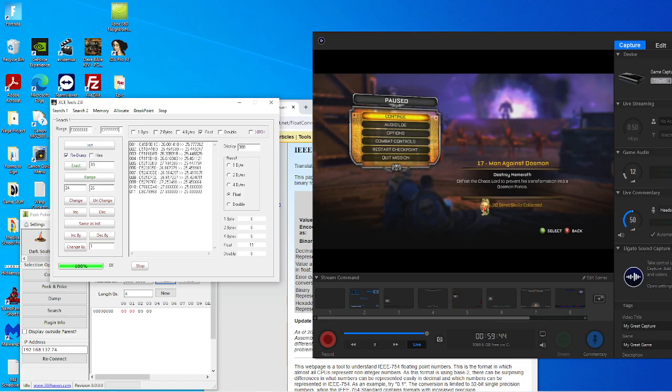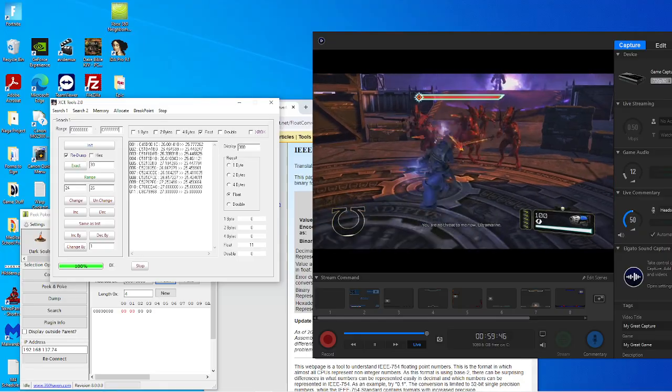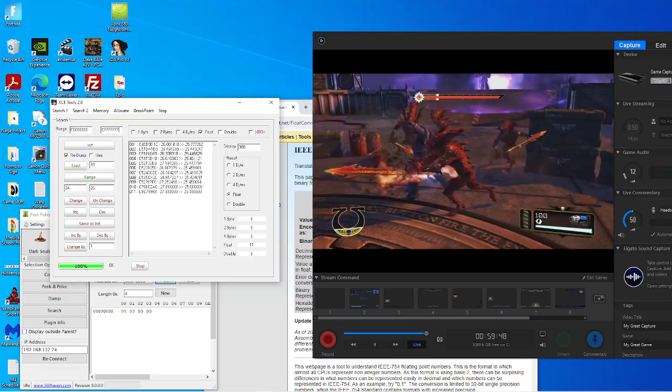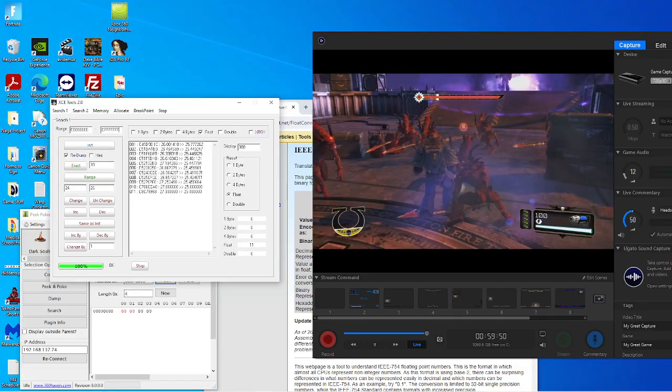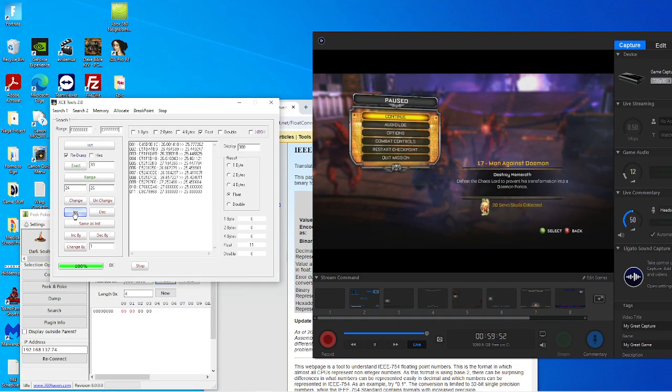Okay, now let's beat some enemies senseless. Okay, we saw the Fury increase, so do an increased value search.